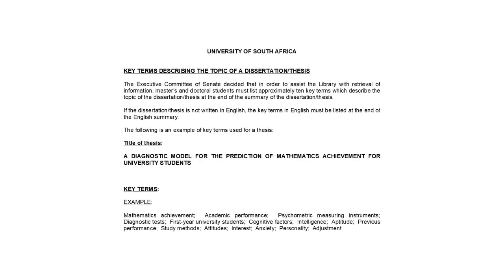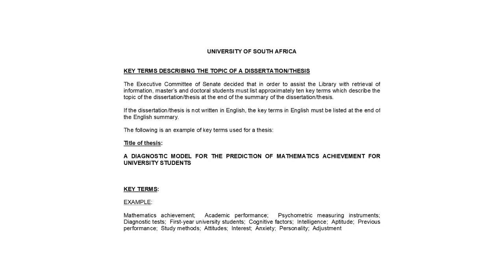And then you will also receive information in terms of what is expected of your key terms. So UNISA expects that you will have 10 key terms. That's quite a lot, so think about them very, very well and in depth, because the key terms is about retrievability.